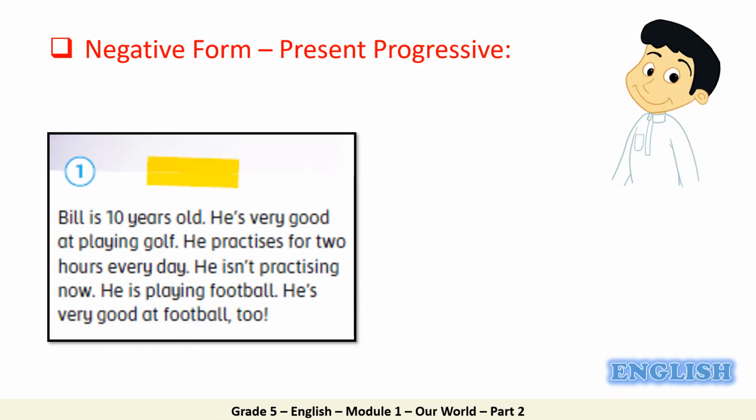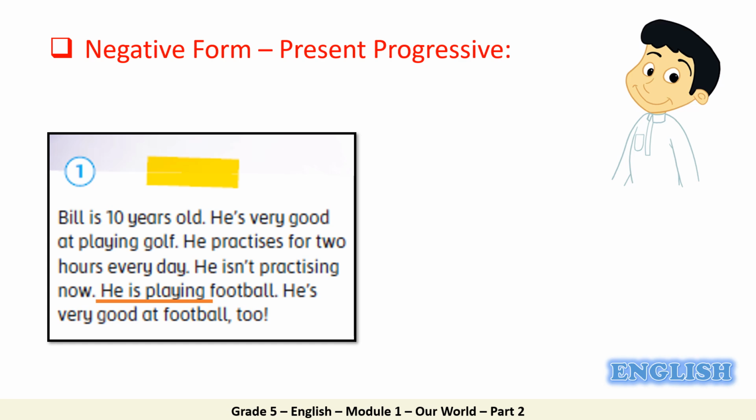Now let's move to the negative form of the present progressive. Look at this sentence. He is playing football. The verb in this sentence is in the present progressive tense. Do you remember how to form a sentence using the present progressive?